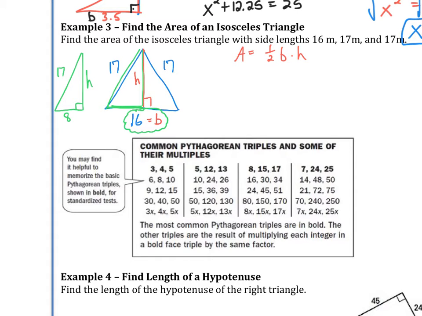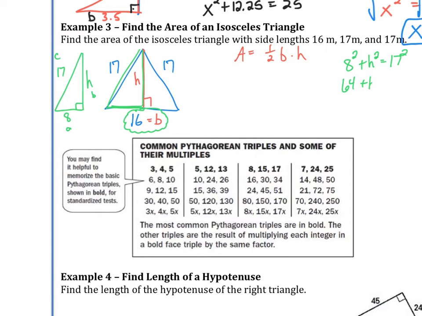So if we do that, our biggest side is 17, and then our other two sides will be our A and our B, which are 8 and H. So Pythagorean theorem would say that 8 squared plus H squared equals 17 squared. And again, that is because 17 is the biggest side and H and 8 are the smaller sides.